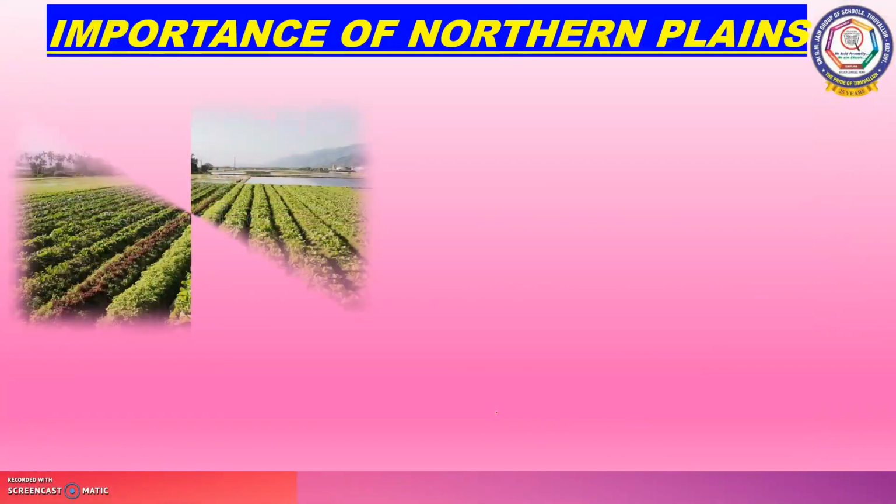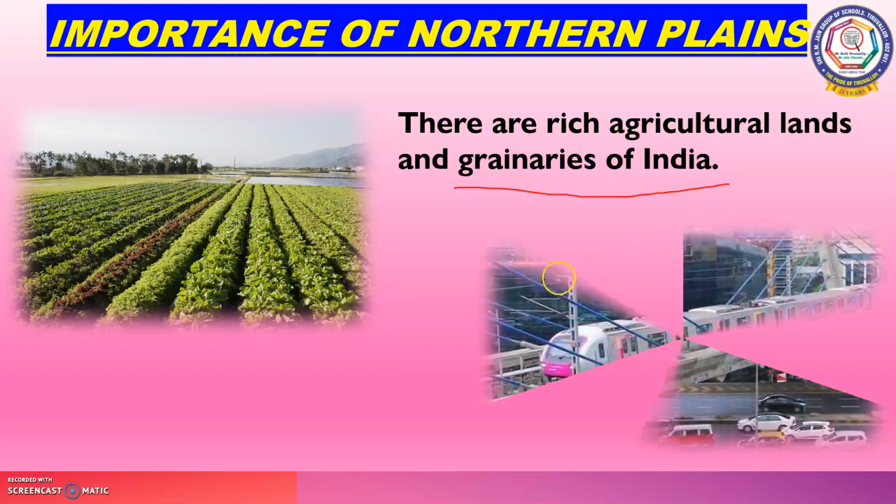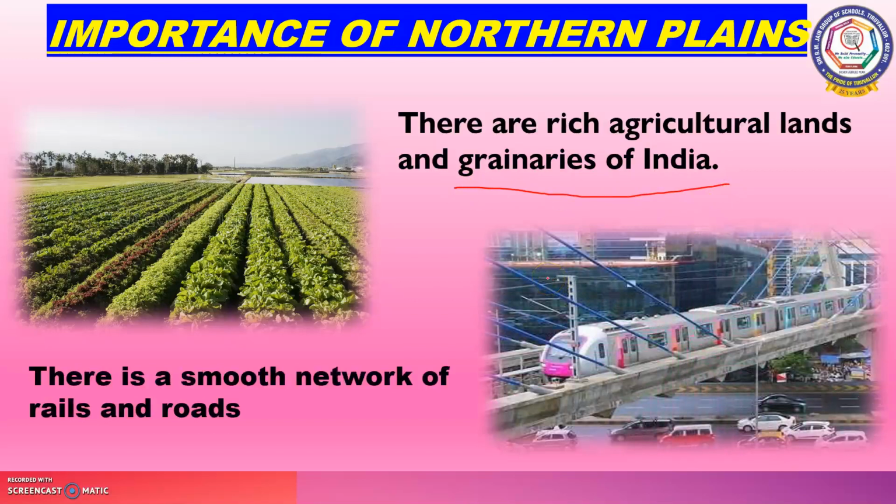Next, let us see the importance of the Northern Plains. These are rich agricultural lands and granaries of India. There is a smooth network of rails and roads, which helps a great deal in the industrialization of the region.